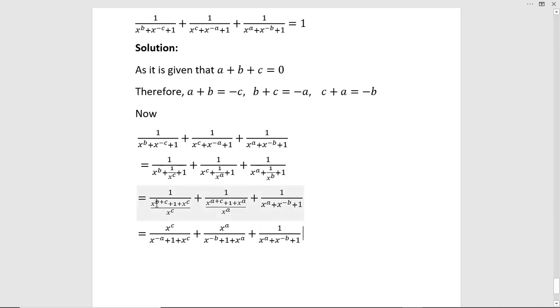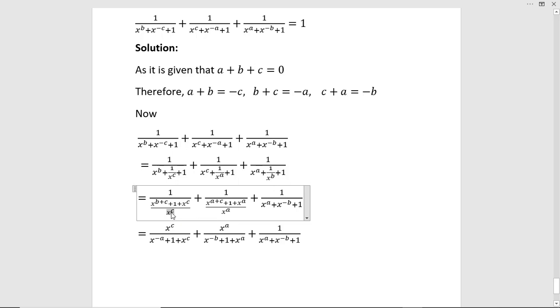Look here, x to the power b + c means x to the power minus a, x to the power a + c means x to the power minus b, and x to the power minus b is here also. And also this is x to the power minus c, x to the power c. What happened to this x to the power c?